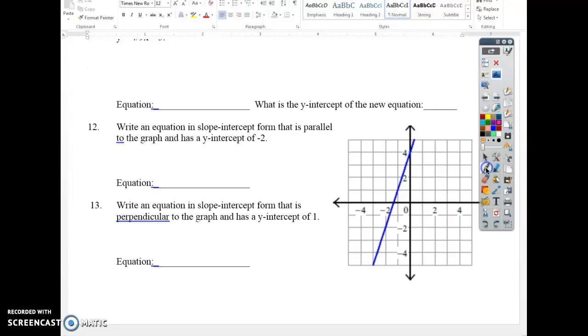Problem number 12. Write an equation in slope-intercept form of a line that is parallel to this one, and has a y-intercept of negative 2. So I need an M and a B, and they already gave me the B. The B is negative 2. They told you that the y-intercept is going to be negative 2. So it says parallel to this one, so I need to find the slope of this one, and that's going to be the same slope, right?